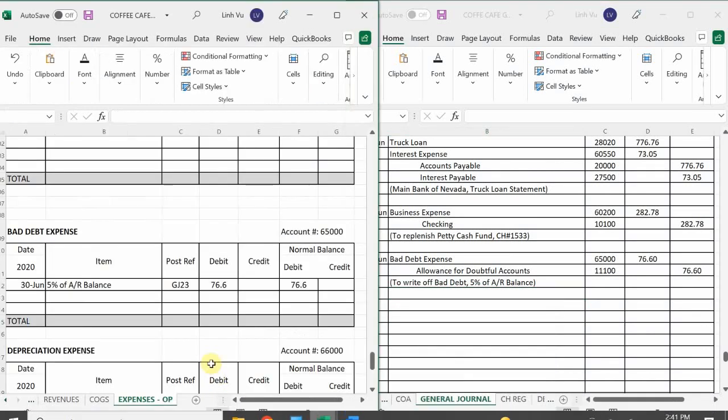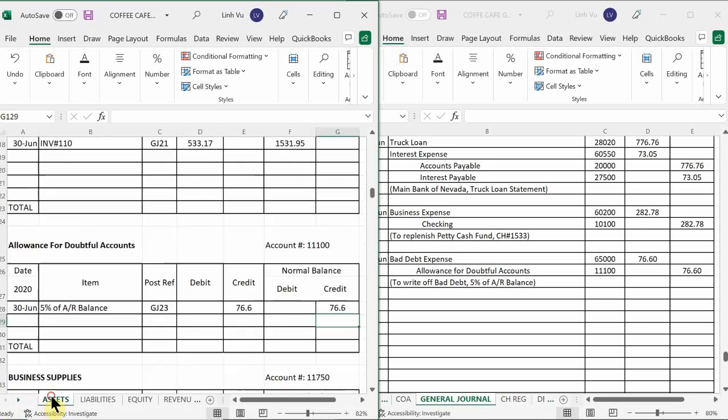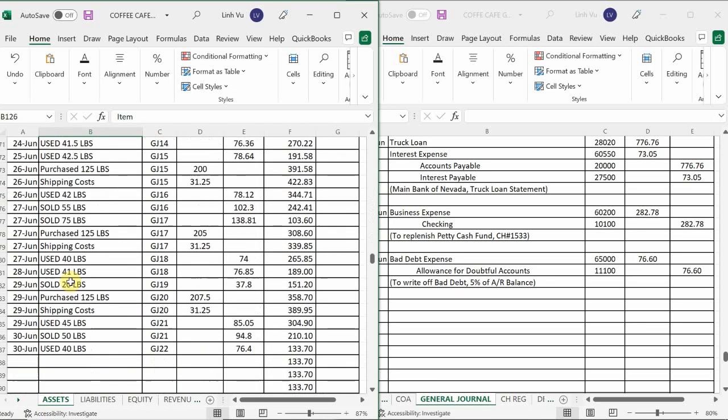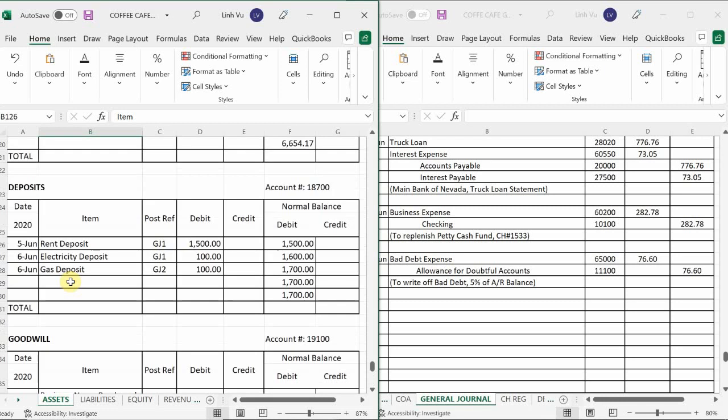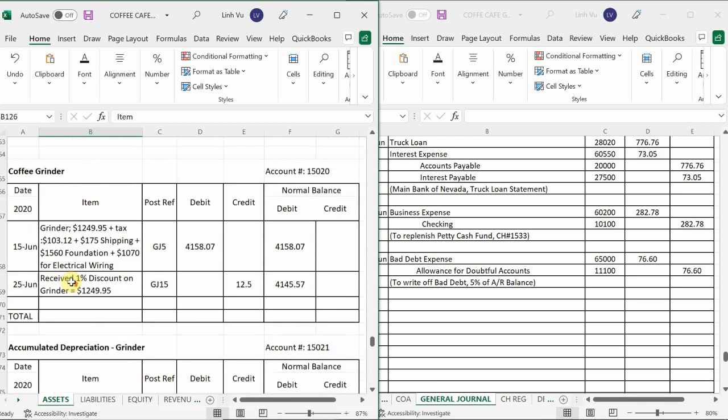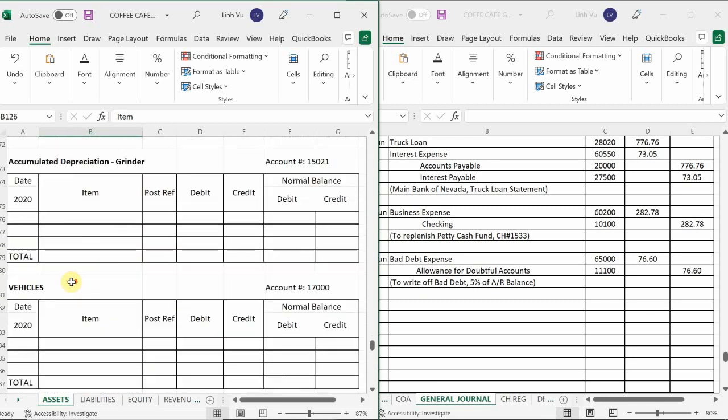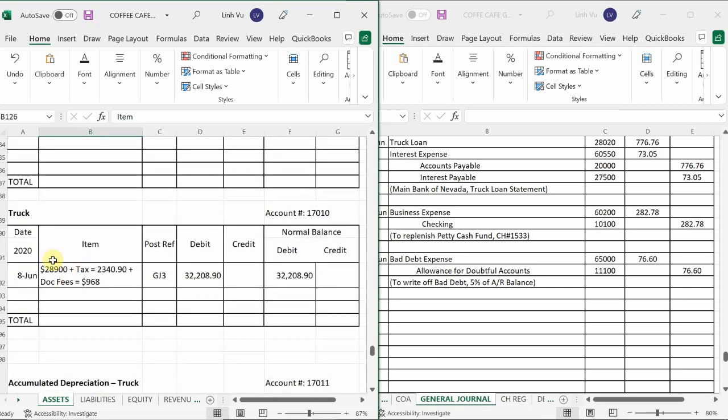okay? And we're going to locate my fixed asset, which is my truck. Okay? So it's going to be towards the end. All right. So here we are, my truck. My truck I purchased it for $28,900 plus the taxes, plus the documentation fees to give me a grand total of $32,208.90.